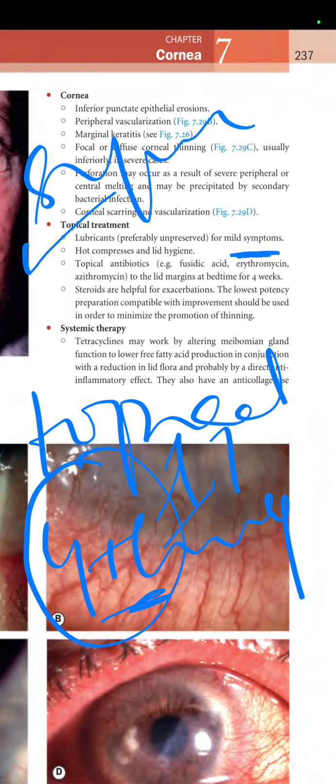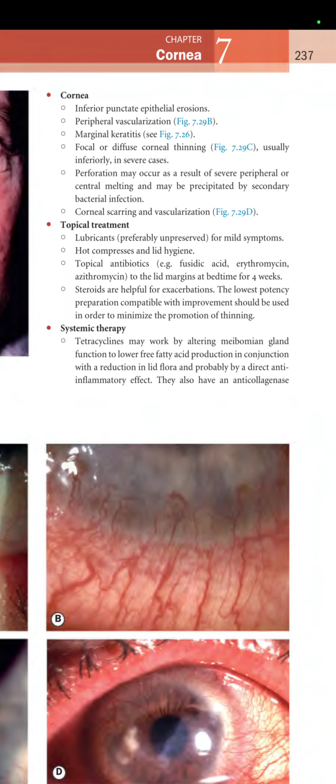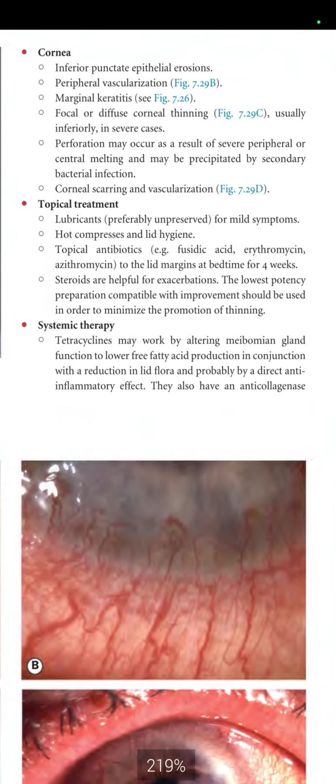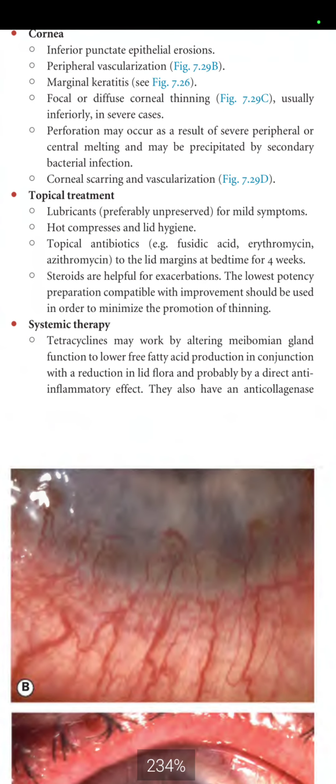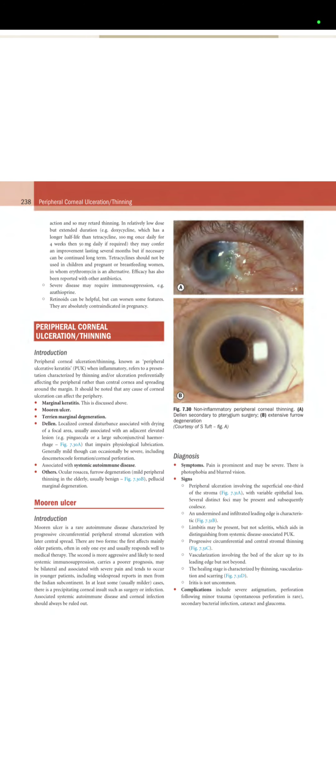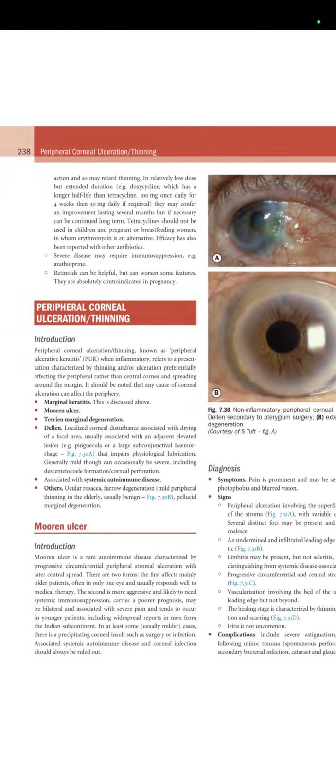Systemic therapy. Tetracycline may work by altering meibomian gland function to lower free fatty acid production in conjunction with the reduction in lid flora and probably by direct anti-inflammatory effect. They also have an anti-collagenase action and so may retard thinning.